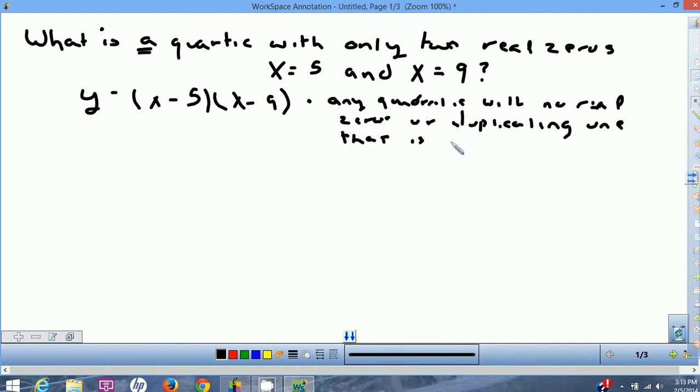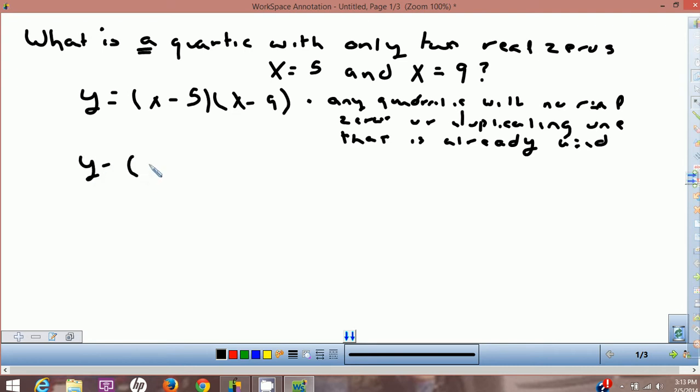Well, let's try it both ways and see what kind of quartic function we get in the end. Let's start off by saying I want to multiply this function times any quadratic function that doesn't have any real zeros. What quadratic function can you think of that doesn't have any real zeros? There are lots of them out there, but probably the simplest by far would be x squared plus 1. That gives me zeros of i and negative i.